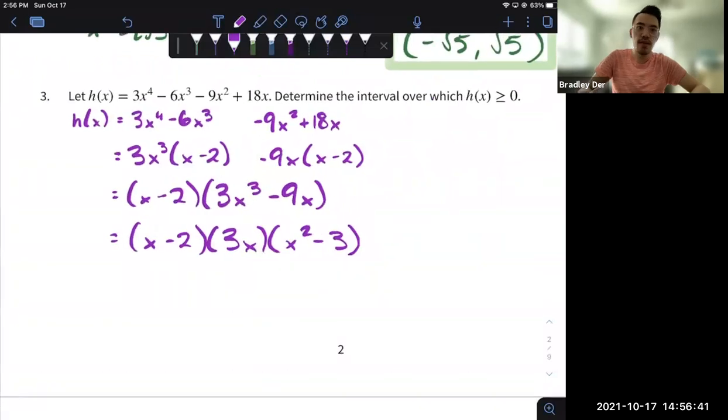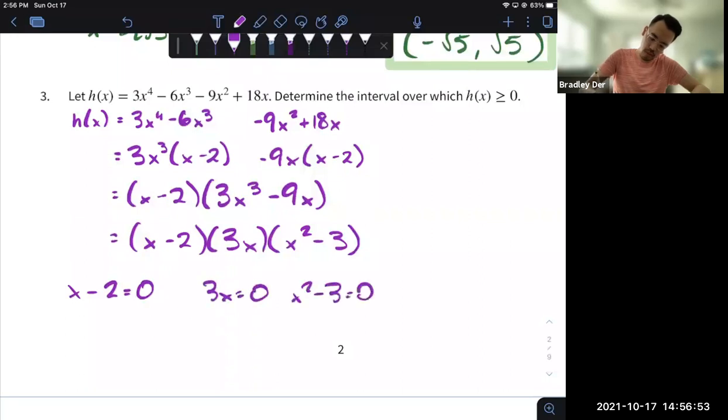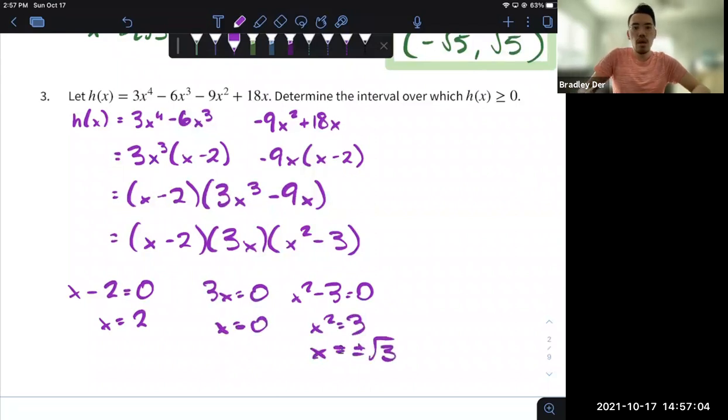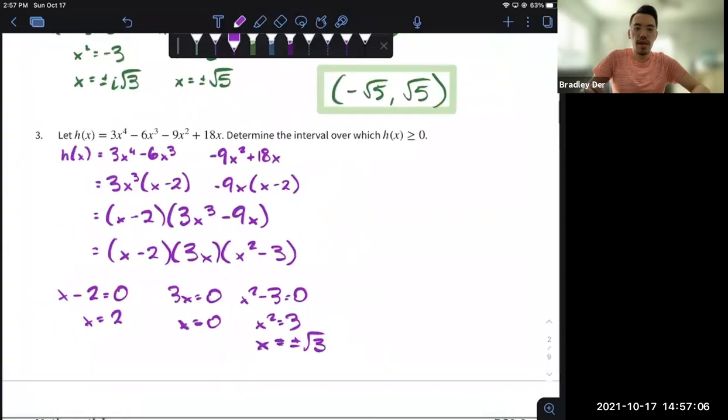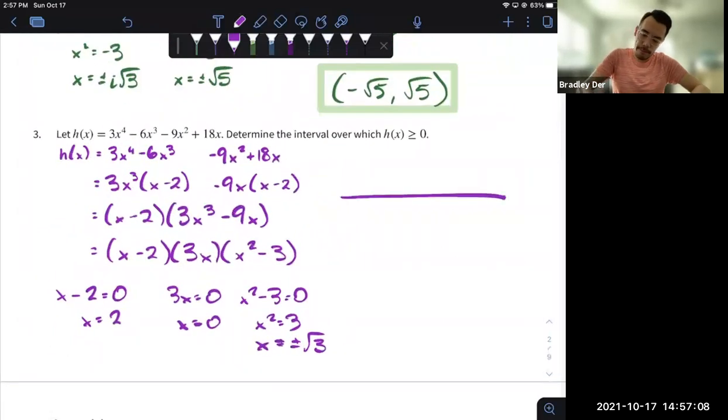All right, so x minus 2, 3x, and x squared minus 3. If we apply the zero product property to find the roots, all right, 2, 0, and plus or minus root 3.